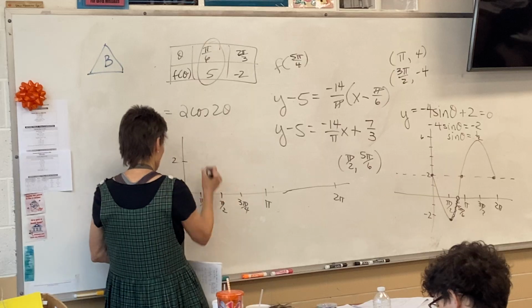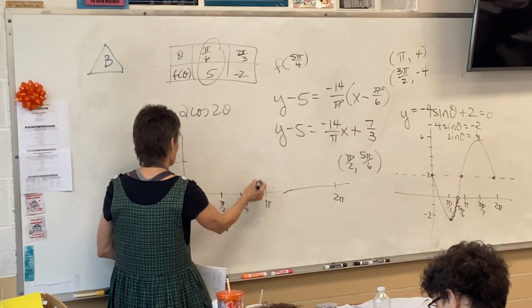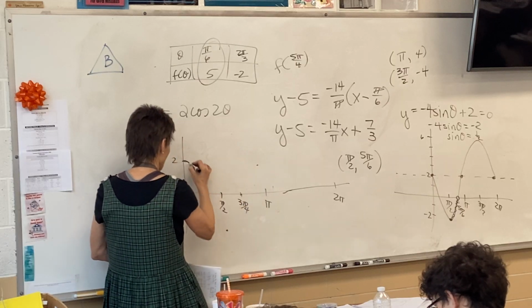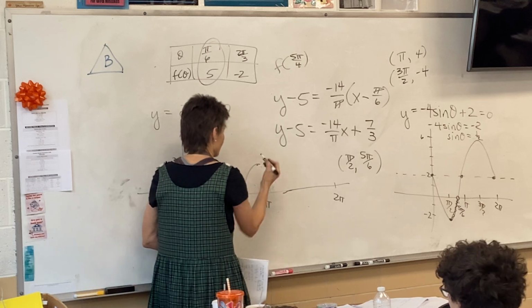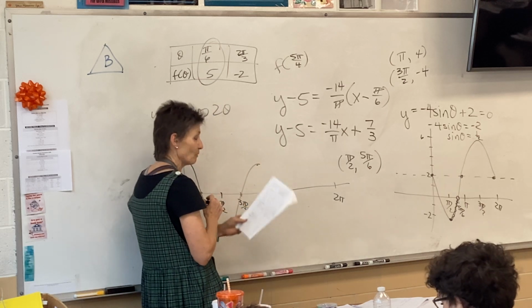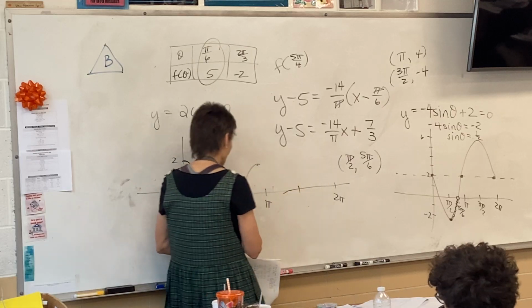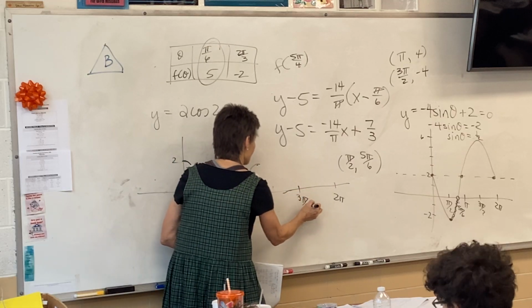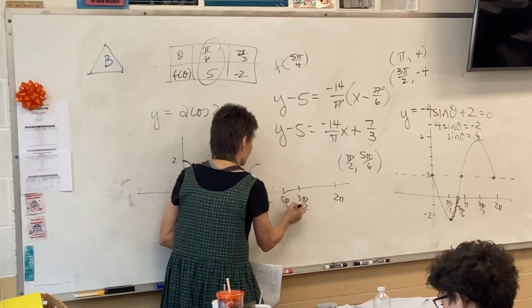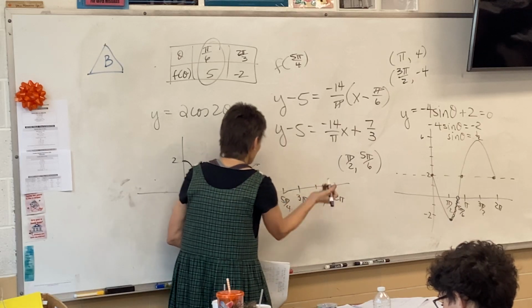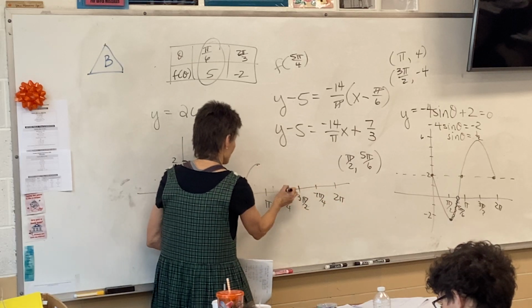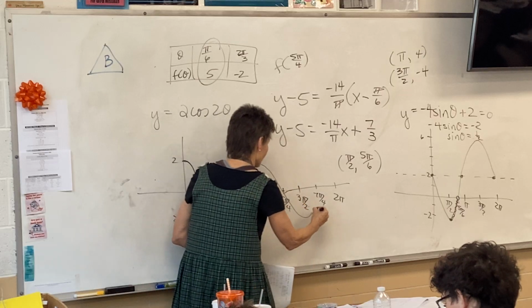So the first period, positive, is going to look like this. And then since my interval goes to 2 pi over 3, I'm going to go ahead and graph another period of it. It goes forever, remember, so we can keep going.